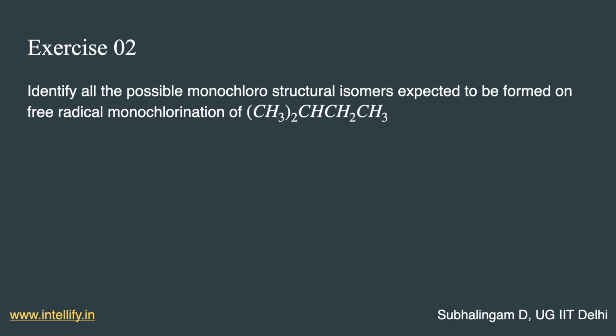And we have another question: identify all the possible monochloro structural isomers expected to be formed on free radical monochlorination of the given compound. Take some 10 seconds. You can pause the video if you want to do so. I'll continue after that.